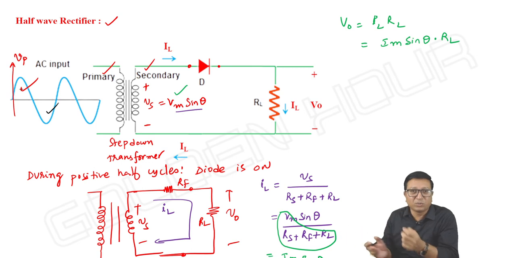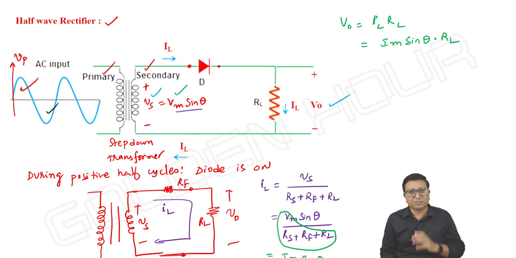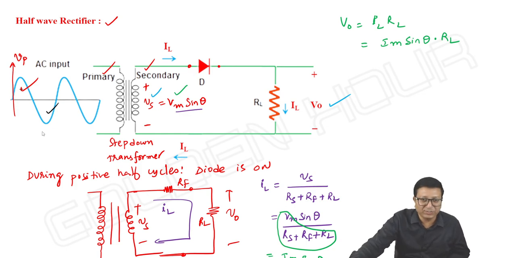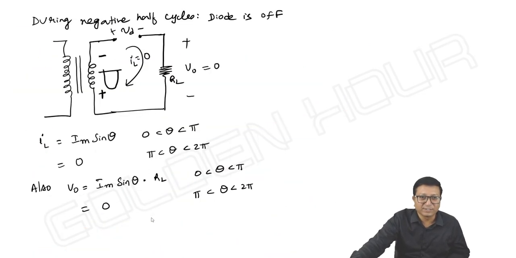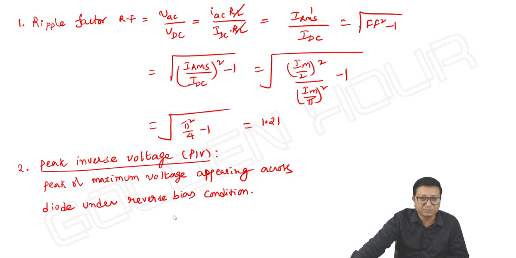The diode is supporting in sending the entire secondary voltage to the load resistor during positive cycles. When the negative cycle comes, the diode acts as an open circuit and holds the entire secondary voltage. It is holding. This entire negative cycle is appearing across the diode. That's the meaning of it.